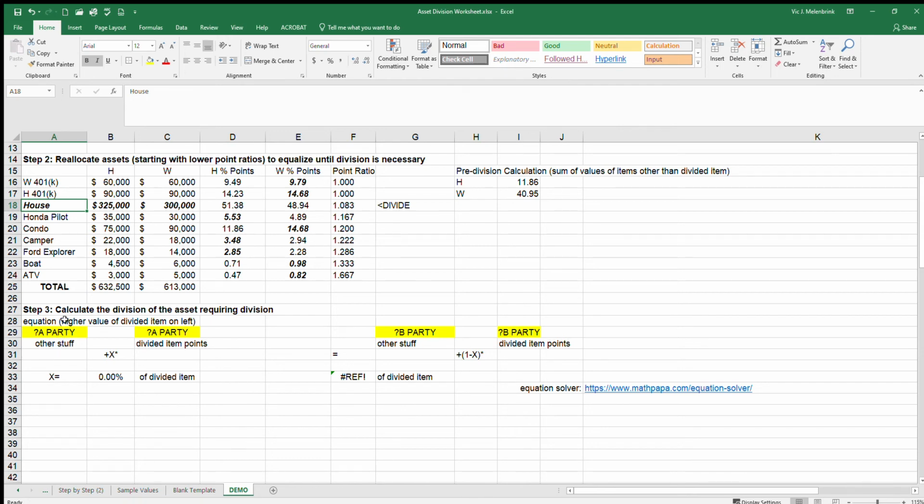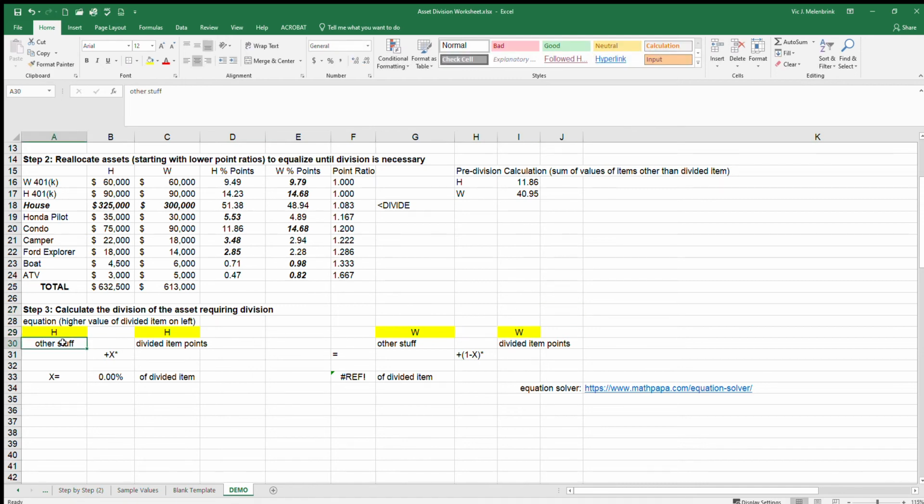So the higher value of the divided item goes on the left side over here. So who values the house higher? Husband values at 325, wife at 300, so the husband is going to go on the left because he's got the higher value. So we're going to change that to H, and then over here will be wife.